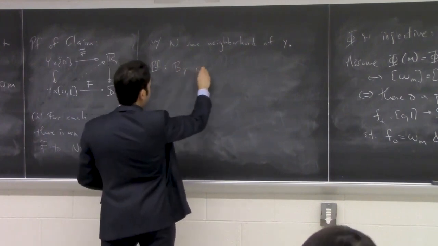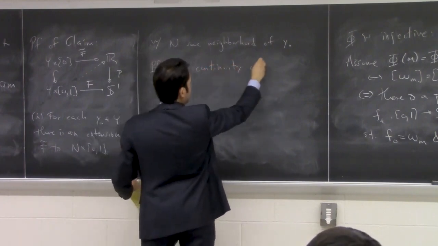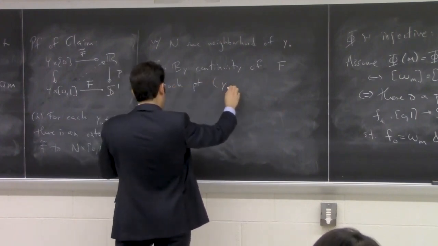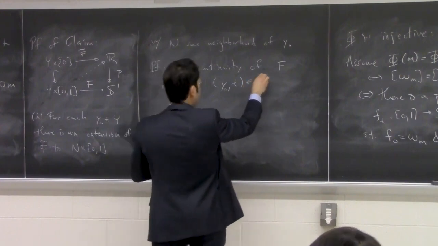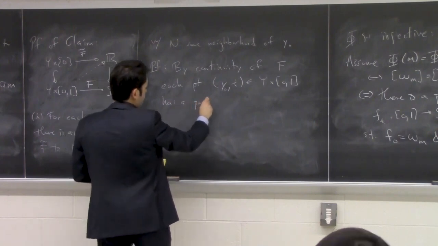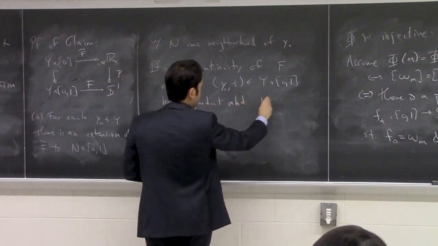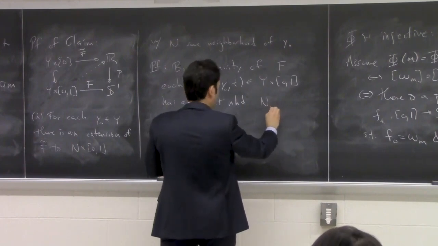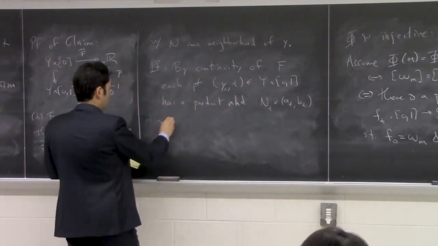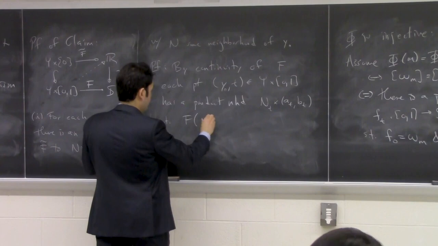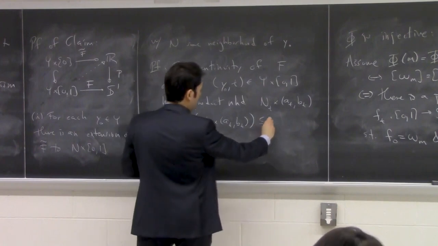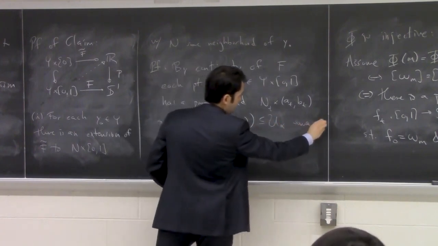So by continuity of f, each point y naught comma t has a product neighborhood, call it N sub t cross (a_t, b_t), such that f of this sits inside U alpha for some alpha.